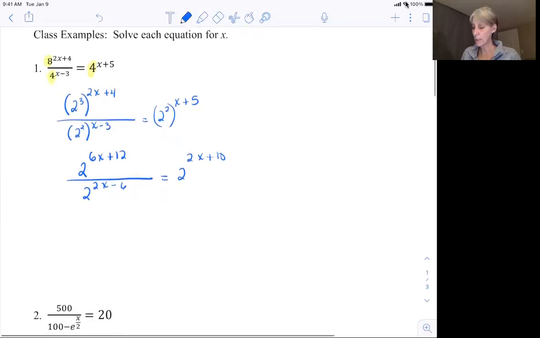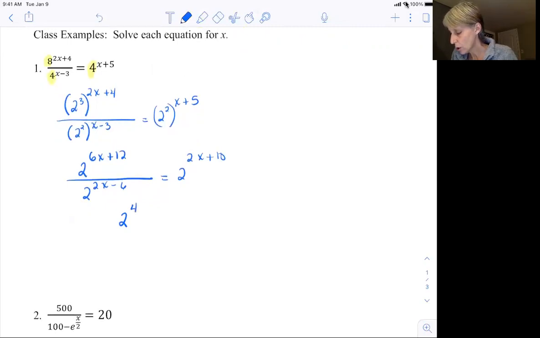It's easy to make a mistake here, so I'm trying to go slow so I don't make any mistakes. And now on that left side, I'm dividing like bases. When I divide like bases, I subtract their powers. So I have 6x minus 2x, which is 4x, 12 minus negative 6, which is plus 18.